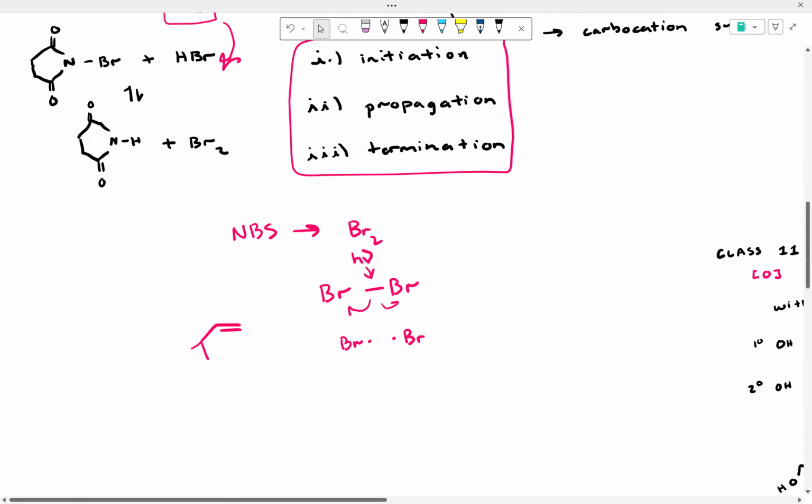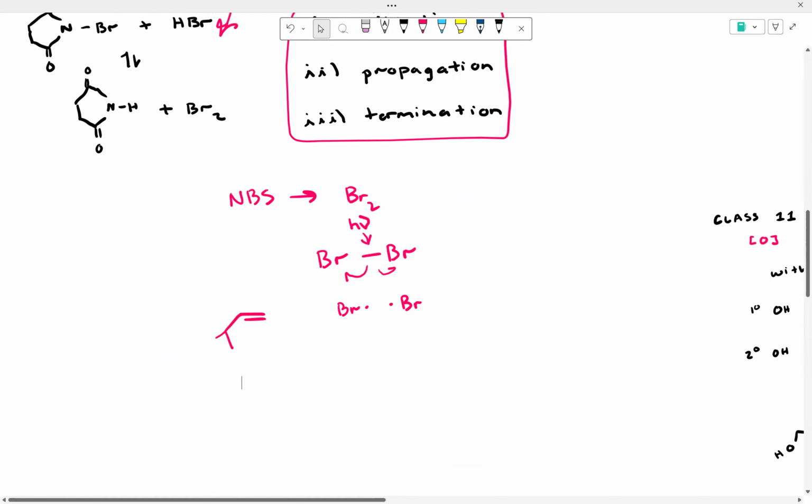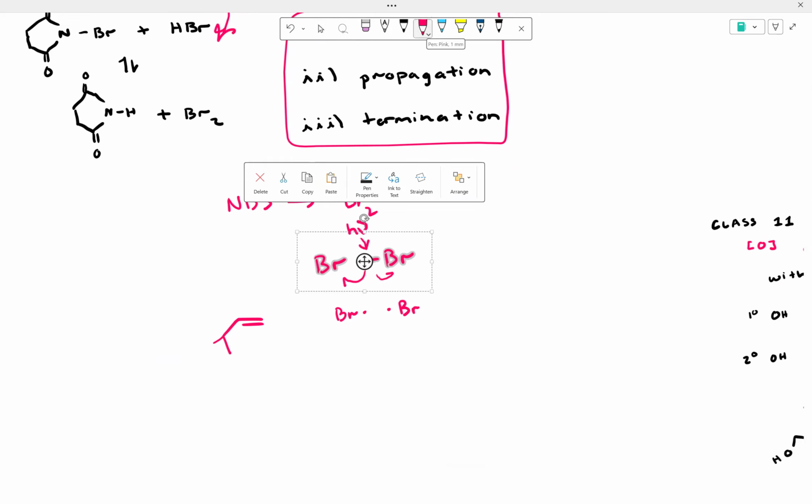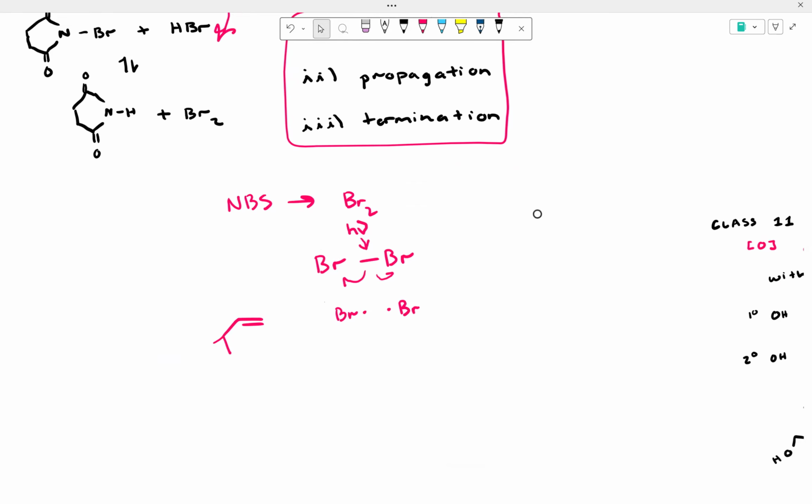This bromine radical can then react with our allylic compound here. The molecule is going to react with the allylic carbon, which is not the carbon on the pi bond, but the carbon adjacent to it, which is this one here.